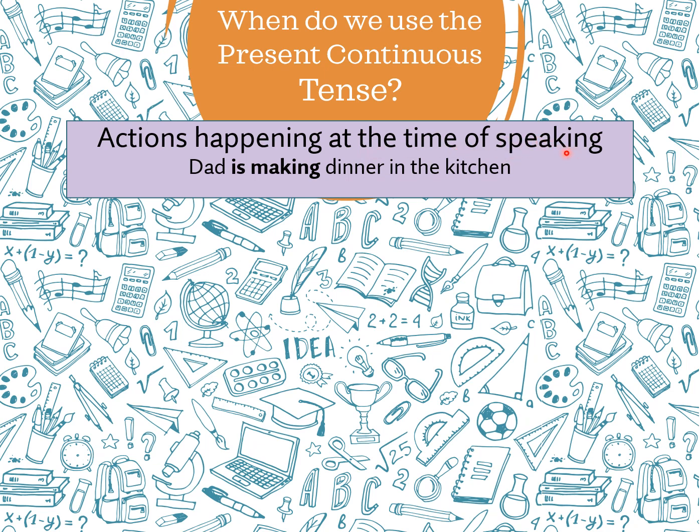While you are speaking, the actions happen. For example, Dad is making dinner in the kitchen. Your mom asks you, where is your dad? Dad is making dinner in the kitchen. So at the time that you are speaking to your mom, your dad is making dinner in the kitchen.